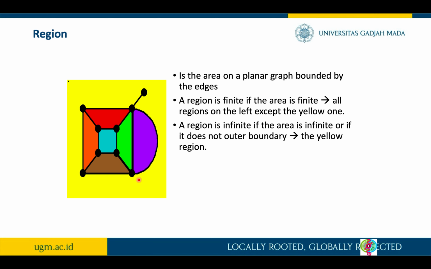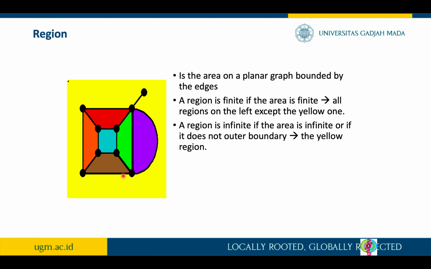And if we have a planar graph which has been drawn as a plane graph, then the area bounded by the edges is called a region. So in this case we have a lot of regions here: 1, 2, 3, 4, 5, 6, and 7.